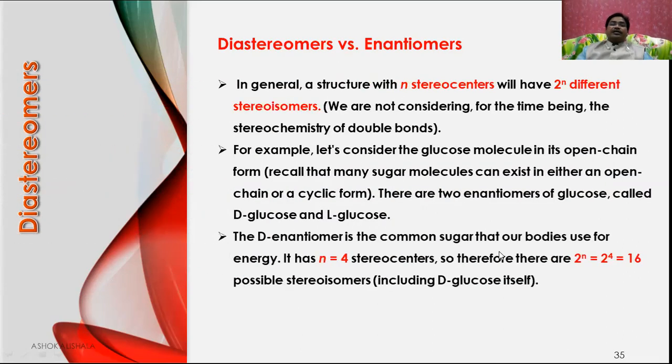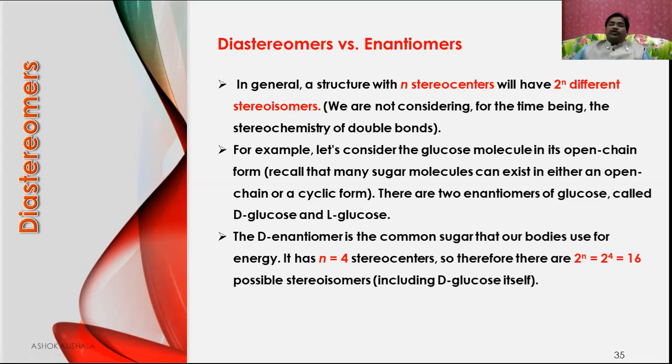In general, a structure with n stereocenters will have 2 to the power of n stereoisomers. We are not considering, for the time being, the stereochemistry of double bonds. For example, let's consider the glucose molecule in its open chain form. Recall that many sugar molecules can exist in either open chain or cyclic form.